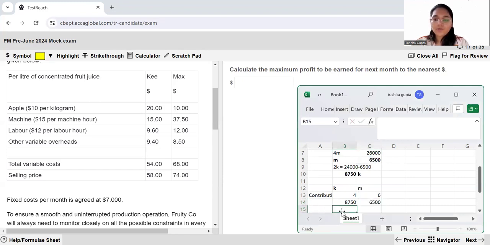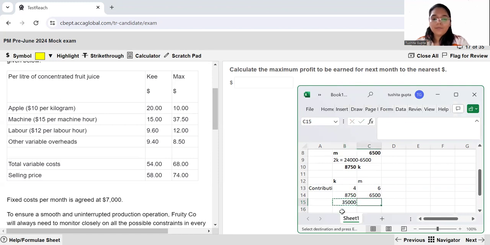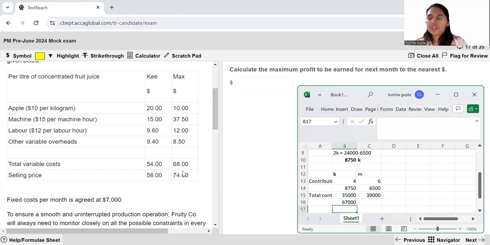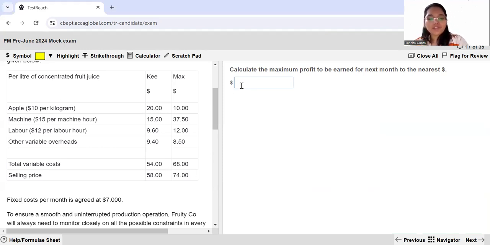So total contribution will be the product of these two figures. Now, if I just add both of these values, this plus this is my total contribution. Subtracting the fixed cost, which is 7,000, I will arrive at my profit, which is 67,000 over here.